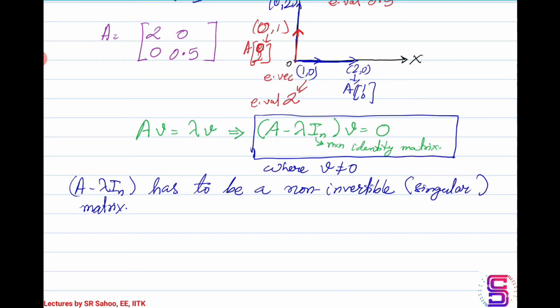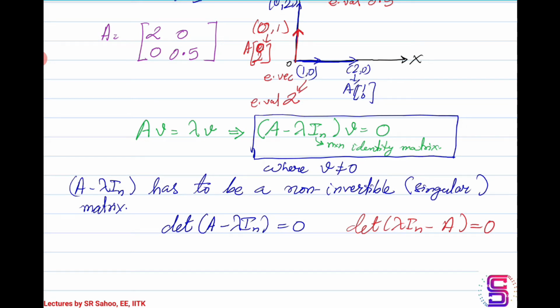Now for a non-invertible or a singular matrix, it means that the determinant of the matrix has to be 0. So this essentially means that the determinant of A minus lambda In should be 0. You can also write this as determinant of lambda In minus A should be 0. Doesn't matter, both are the same.